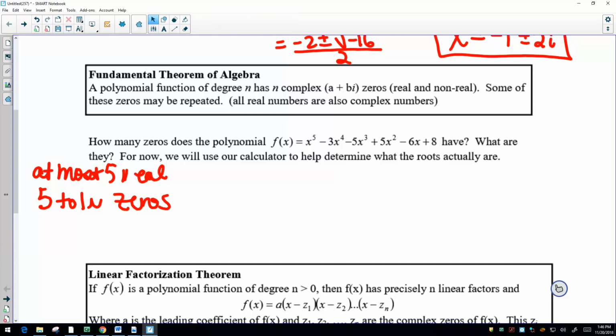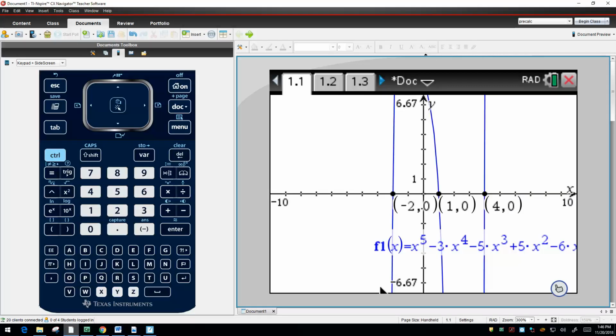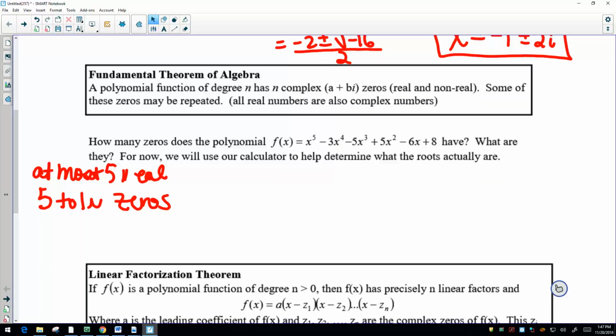So I went to the calculator, graphed it out, and this is what that function looks like. And we can see the zeros. We can see that it crosses at 3 real rational zeros, negative 2, 1, and 4. But from the theorem we just had, we have to have a total of 5 zeros.